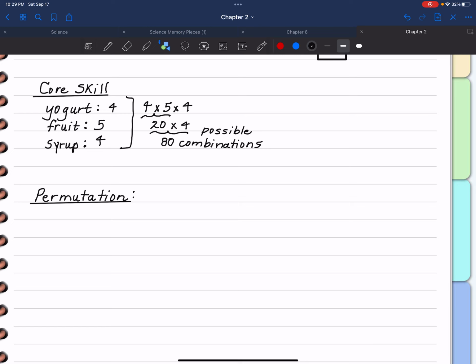Okay, this is a good definition. A selection of objects or values in which order is important.